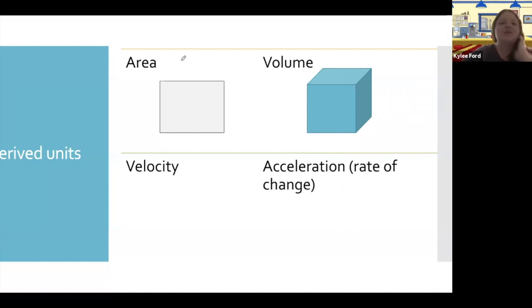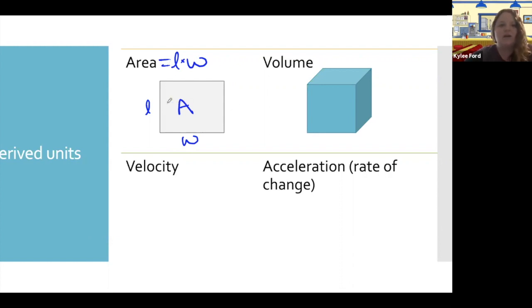As you hopefully know, to calculate an area, it's length times width. Easy, right? Say we have this rectangle here, with some length and some width, and that'll make up our area. Now, what am I asking for derived units?